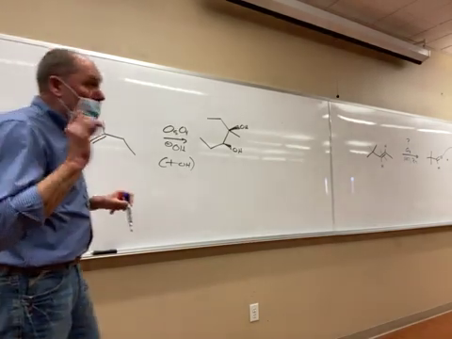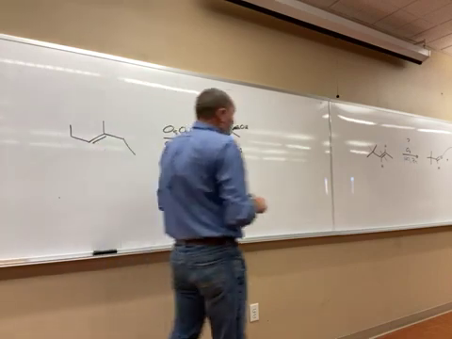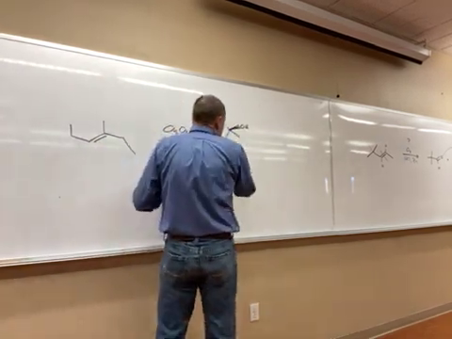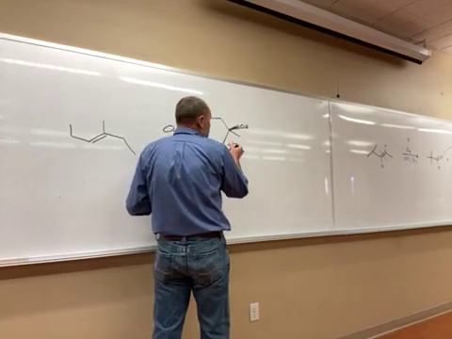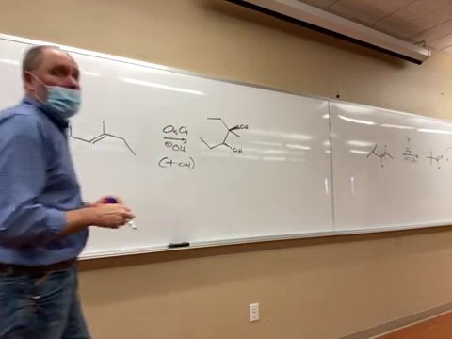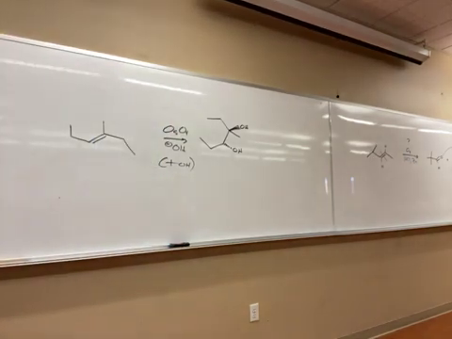Now, what would have happened? Let's see if we could figure this out. What if I would not have given you this one? Does anybody have any idea how we could have made this one? I didn't give this to you, but I want to know if anybody has an idea how we could have done that. Can't do it with osmium tetroxide, by the way.